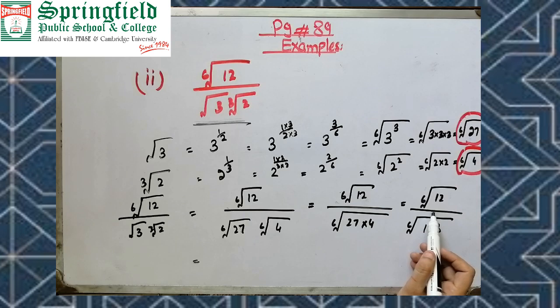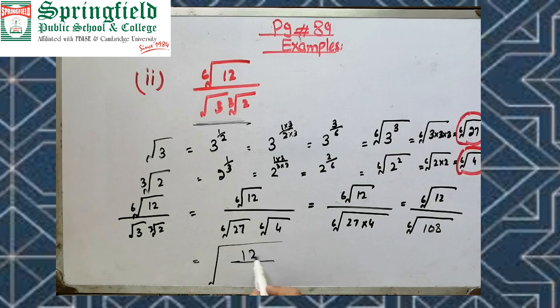So under root a divided by under root b. The roots are same. The 6th root of 12 and the 6th root of 108. So it can be written in one under root. And 2 6s are 12, it can be simplified. 2 5s are 10, 2 4s are 8, 2 3s are 6, 2 2s are 4 and 2 7s are 14, 3 1s are 3, 3 3s are 9, 1 by 9.